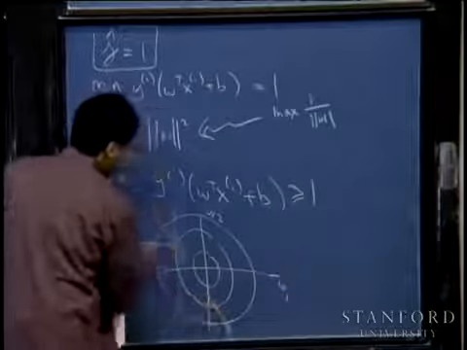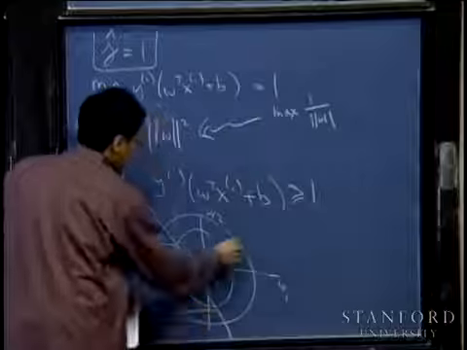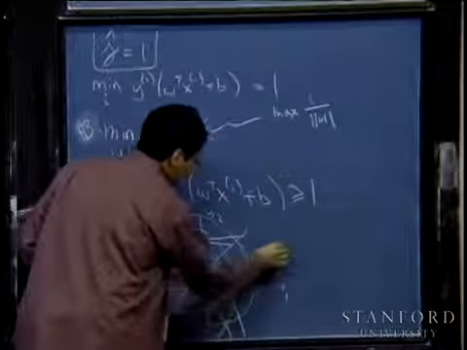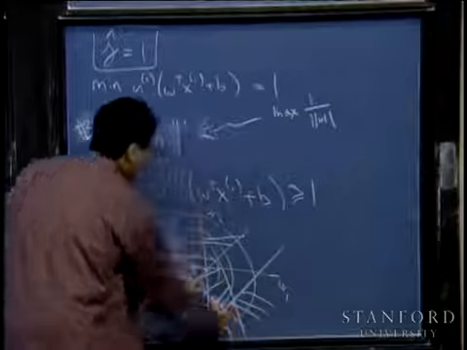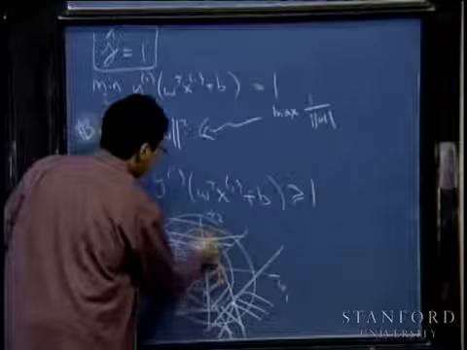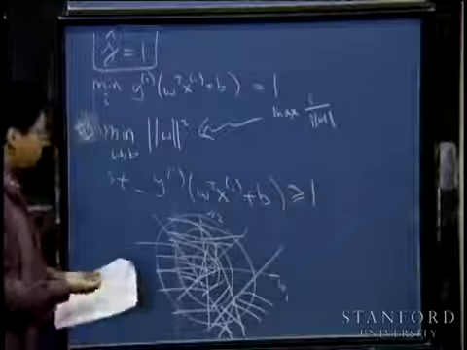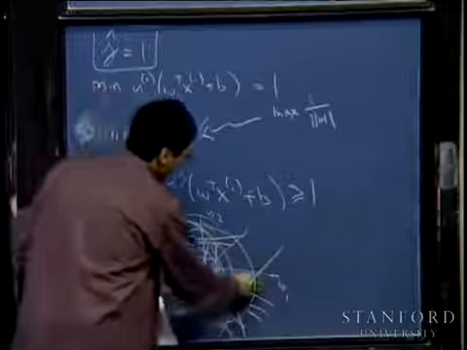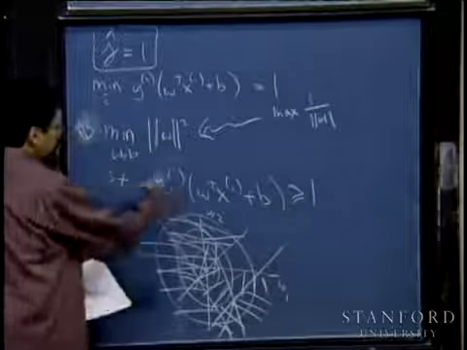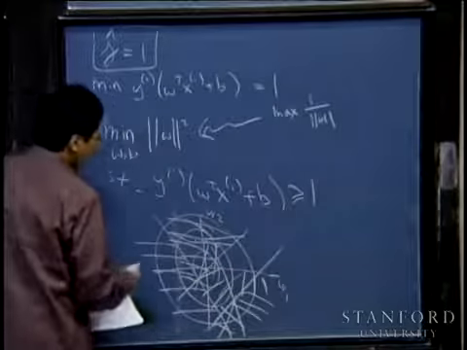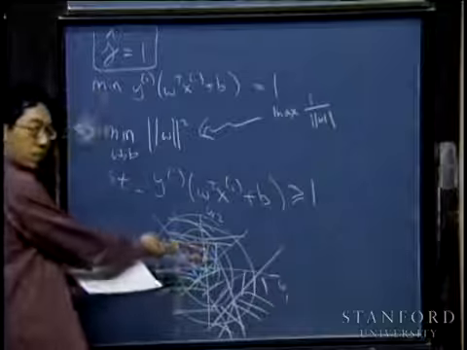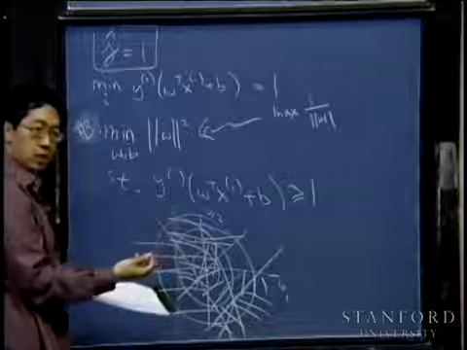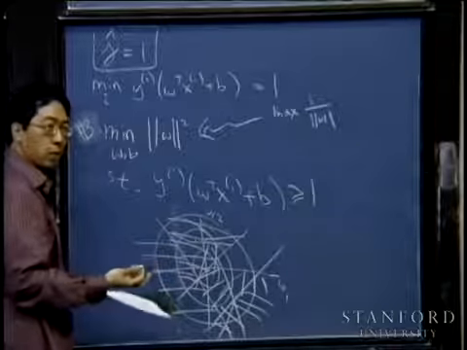So you may have a linear constraint that eliminates that half space, a linear constraint that eliminates that half space, and so on. And so the picture is you have a quadratic function and you're ruling out various half spaces with each of these linear constraints. I hope if you can picture this in 3D, you can convince yourself that this is a convex problem that has no local optima.